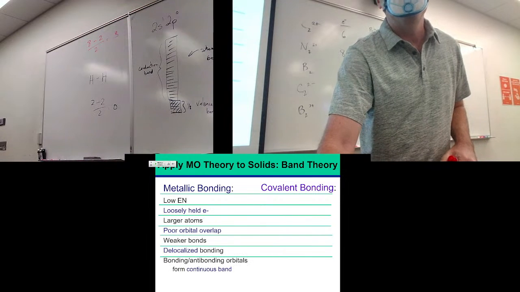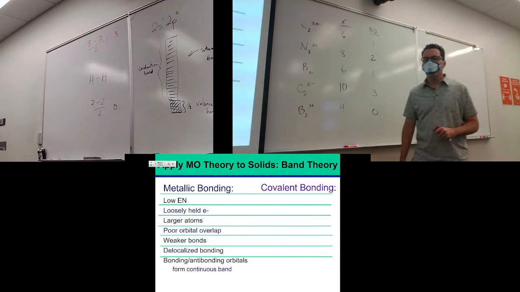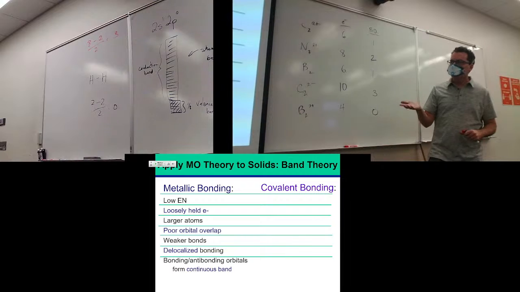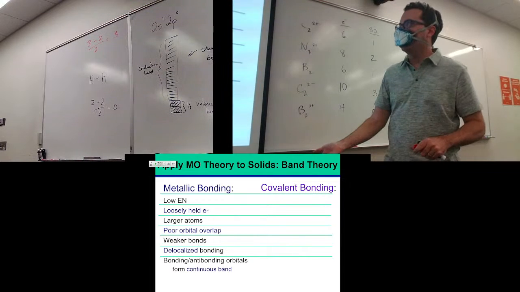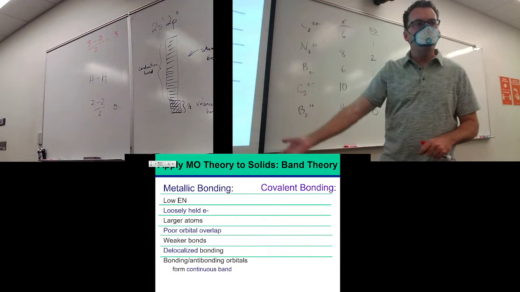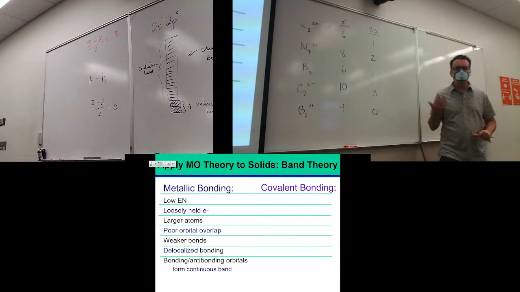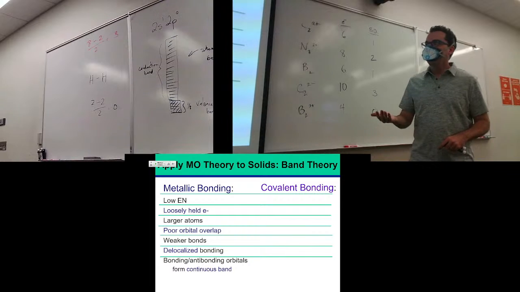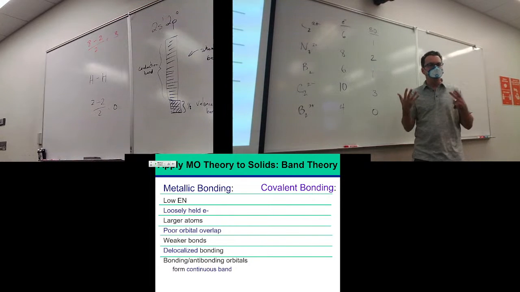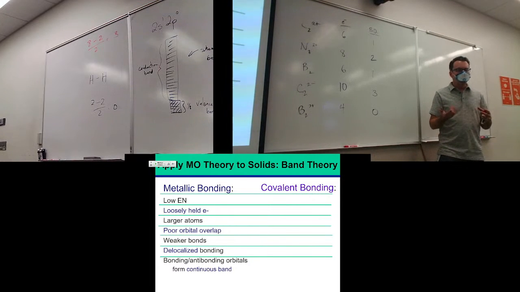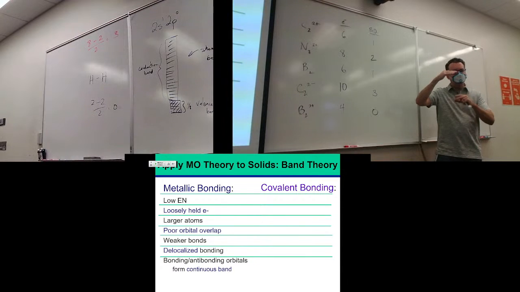All right, so just to emphasize what we're learning now, we're learning metallic bonding. The electrons are loosely held. It really only happens in larger atoms. And because they're larger, they have poor orbital overlap. So remember what that does for our bonding versus antibonding.